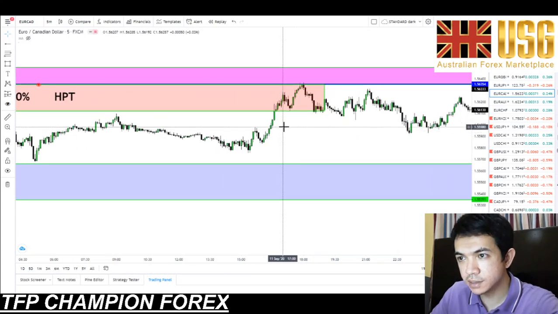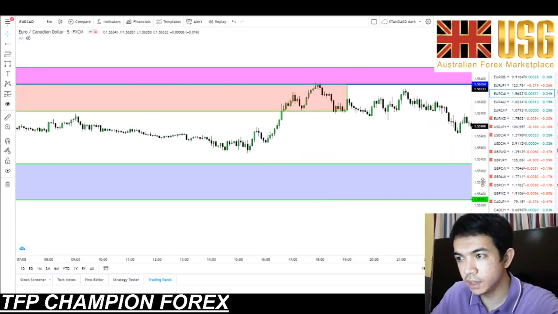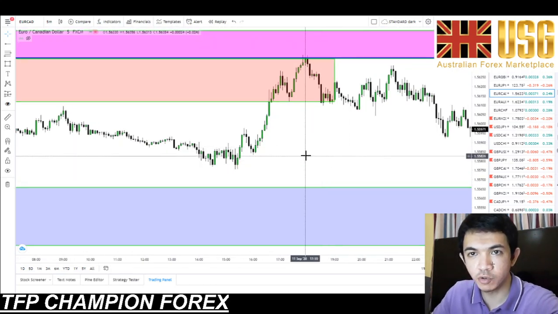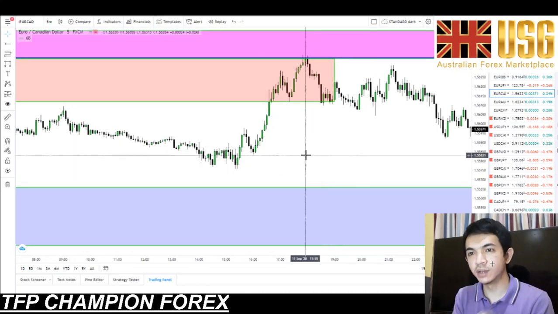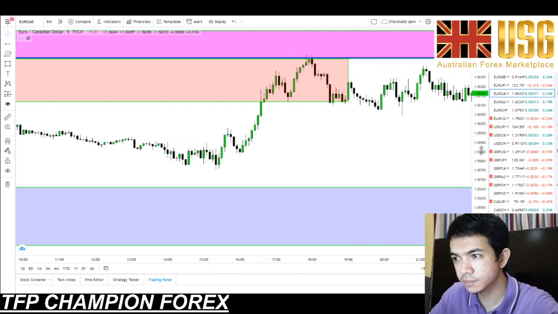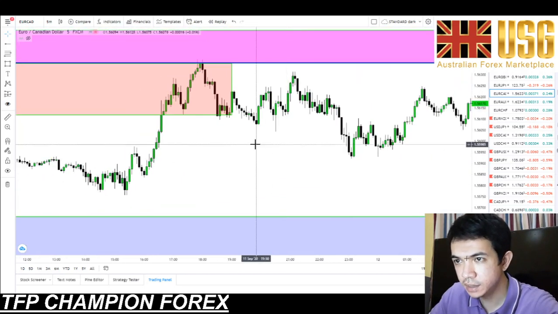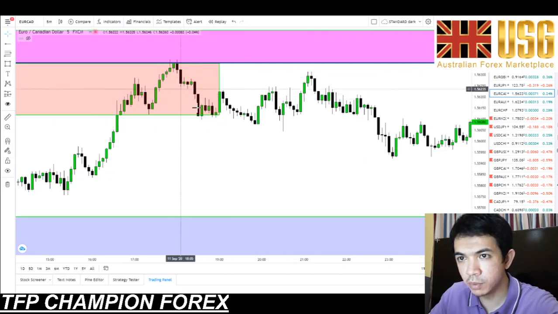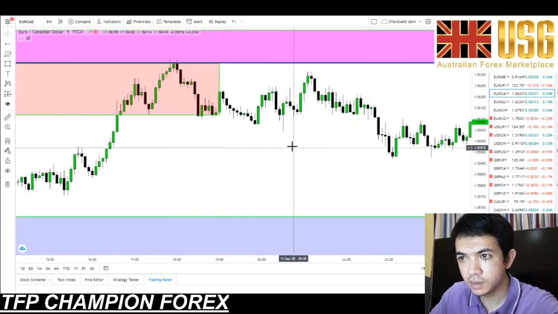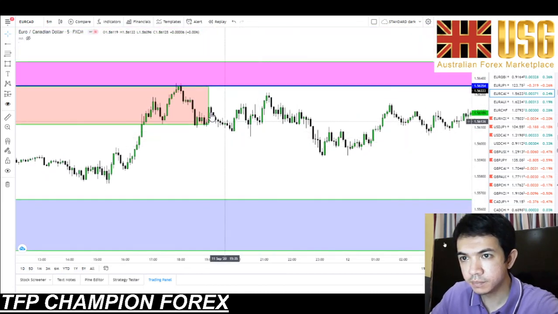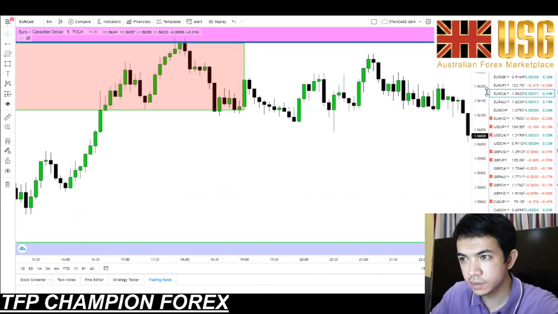Is there any selling pressure candle or any candlestick formation that will give us a decision to sell this market or short this market? Let's see. So at this point, we saw a selling pressure candle.